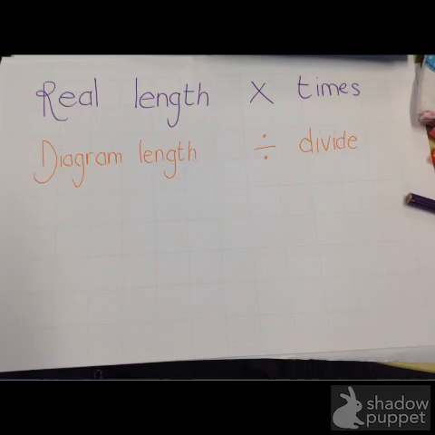Always remember that. You can write that down too. I think I've written it down here: the real length means please multiply, it gets bigger; the diagram length says divide. So always read your question to see whether you need to make your number bigger or smaller.